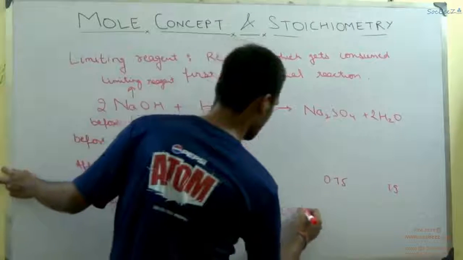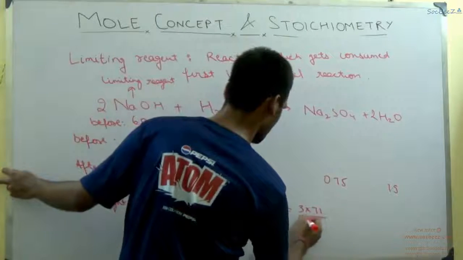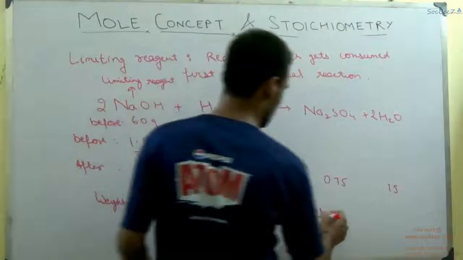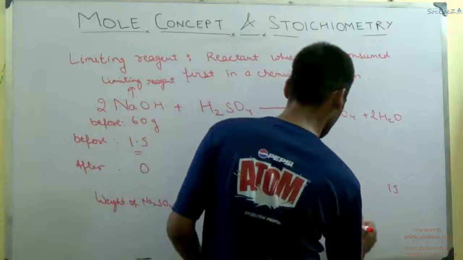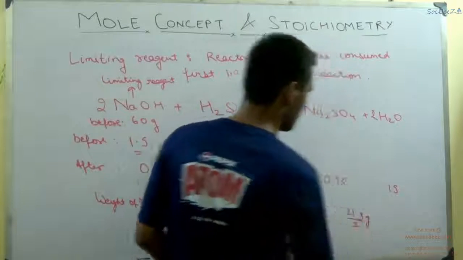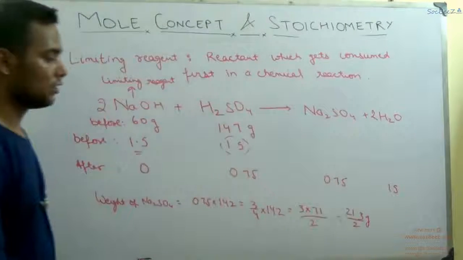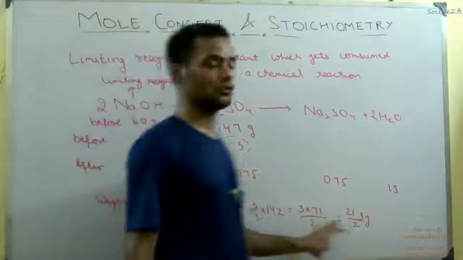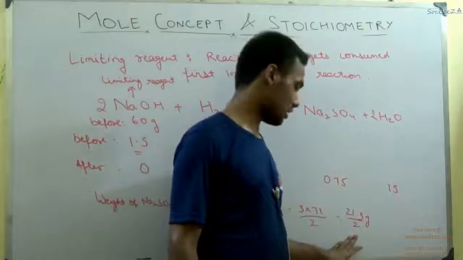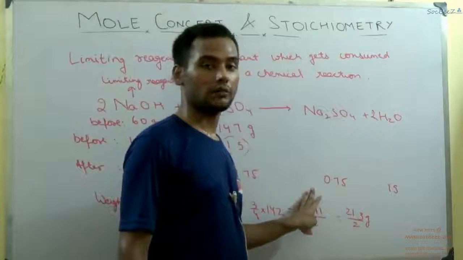So this is 3 into 71 upon 2, which comes out to be 213 upon 2. So here, 213 by 2 gram of Na2SO4 is formed at the end of this particular chemical reaction.